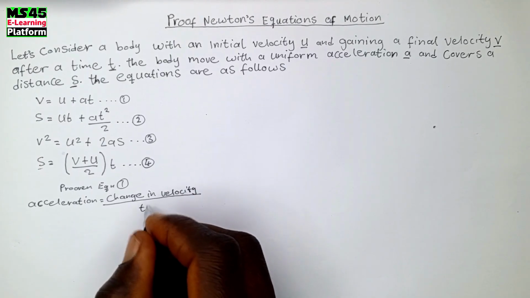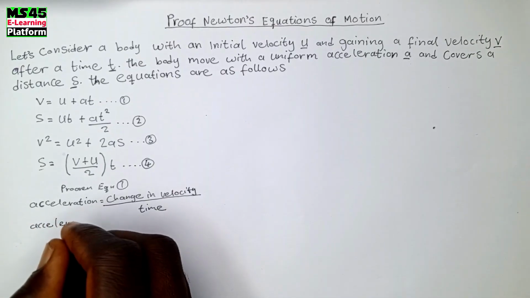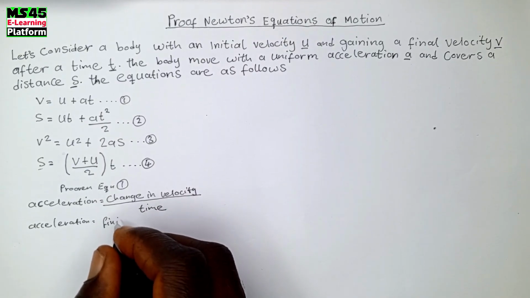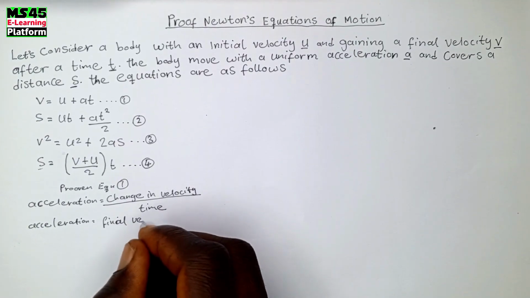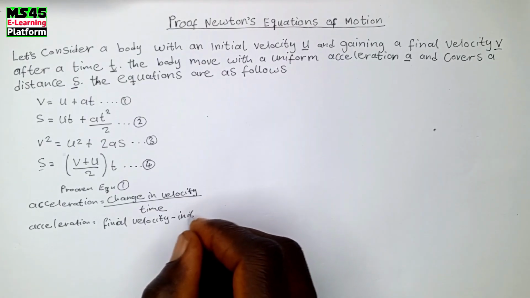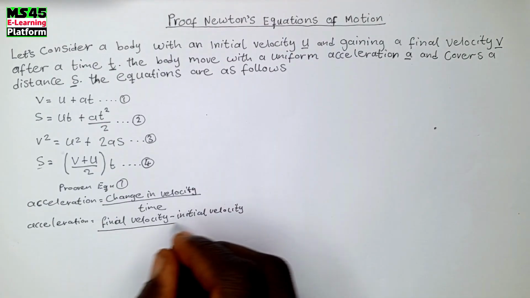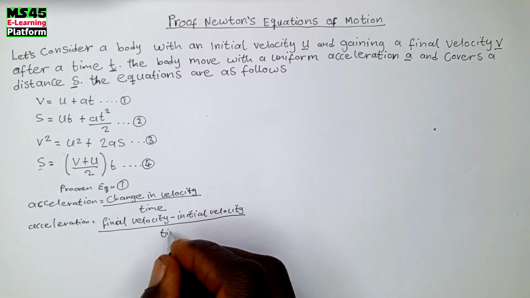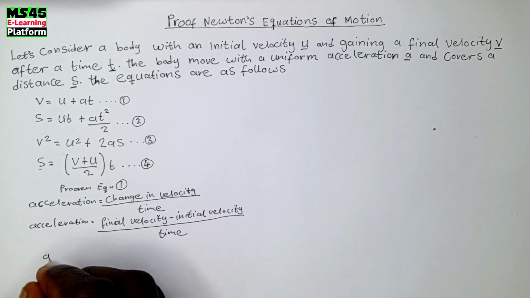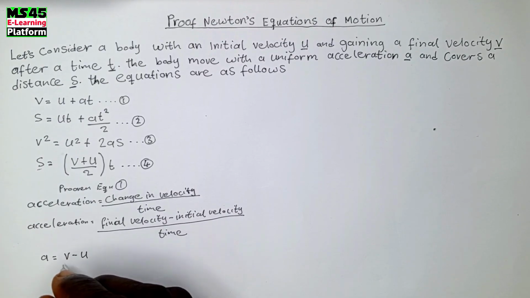Change in velocity is the final velocity minus the initial velocity, all over time. So mathematically, our acceleration here will be equal to final velocity v minus initial velocity u, all over the time.